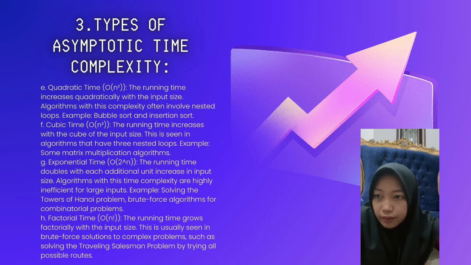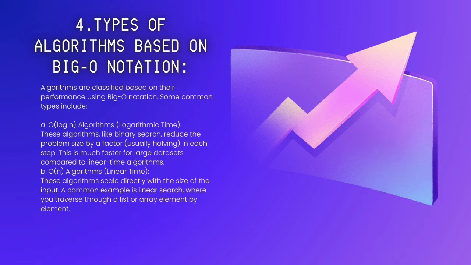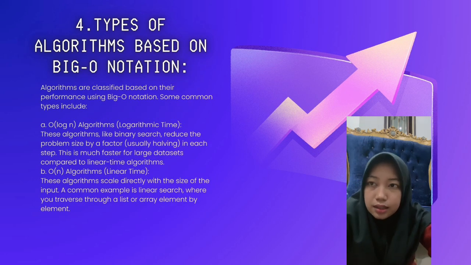H. Factorial time O(n!). The running time grows factorially with the input size. This is usually seen in brute force solutions to complex problems, such as solving the traveling salesman problem by trying all possible routes. The last but not least, types of algorithms based on Big O notation.